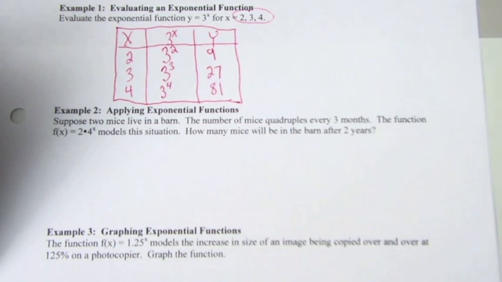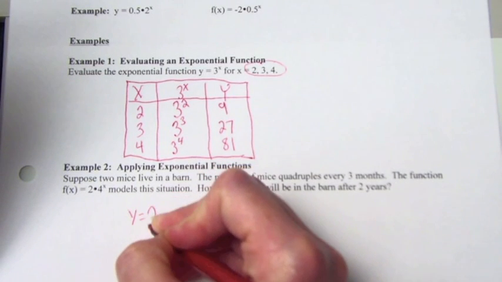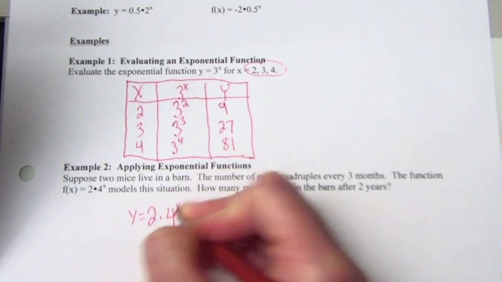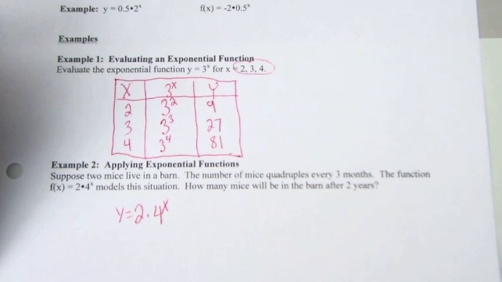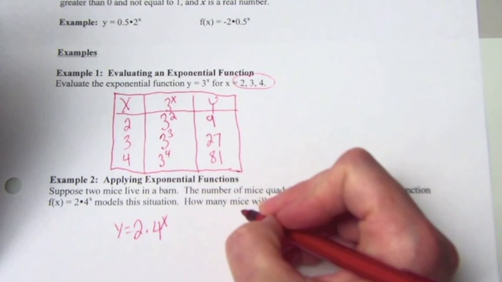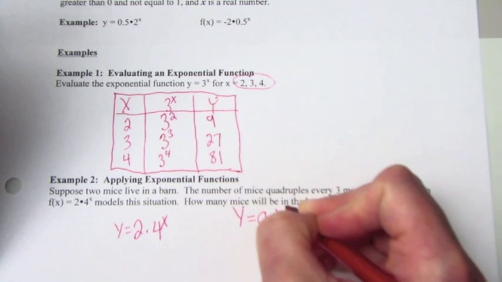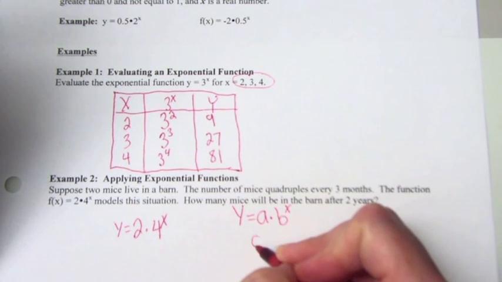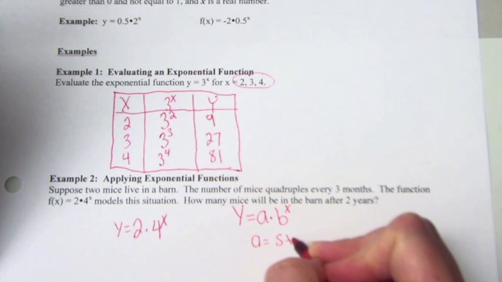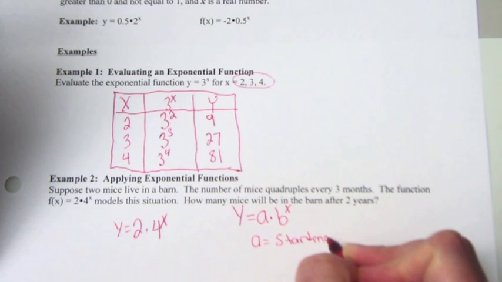So let's look at this. Our function is y equals 2 times 4 to the x power. Now, in a function, I want you to write this down. With the general function, y equals a times b to the x power, your a represents the starting value.